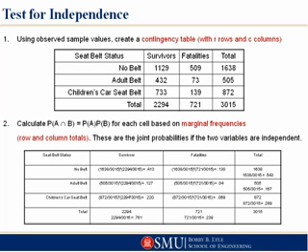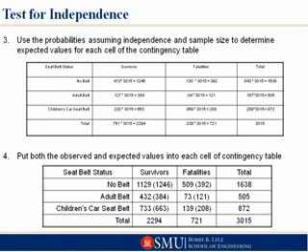So this is what I would expect. If they were independent, these would be the probabilities, and the probability of A and B is equal to the product of those two numbers.